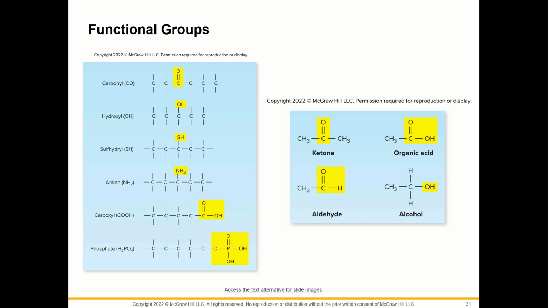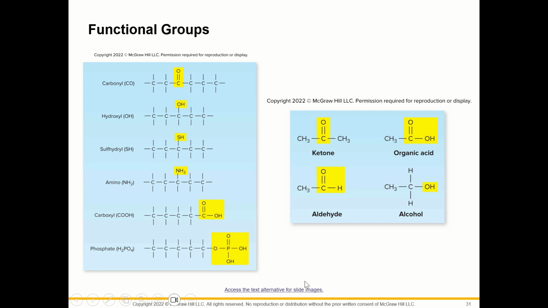Figure 2.10 shows the various functional groups of organic molecules. The general symbol for any functional group is R. Specific functional groups are indicated within the gold rectangles. So we see carbonyl, hydroxyl, sulfhydryl, amino, carboxyl, phosphate.